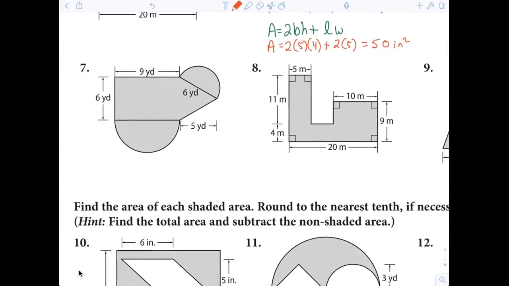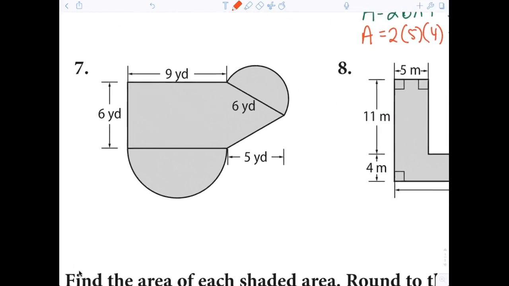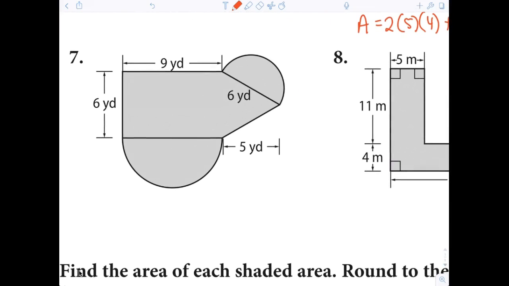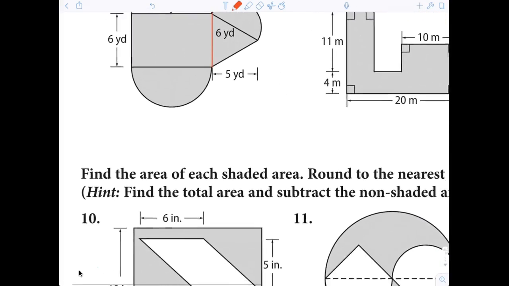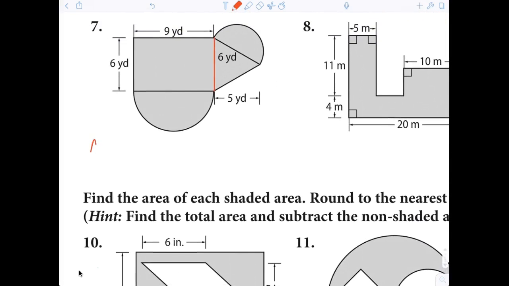All right, so here we go. Now, this one's kind of annoying. Let's break it down, please. We're going to draw from here to here. Now, what shapes do I have? A triangle, a semicircle, and a rectangle. How many semicircles do we have? Two. So we're going to do 1/2 pi r squared plus 1/2 pi r squared.